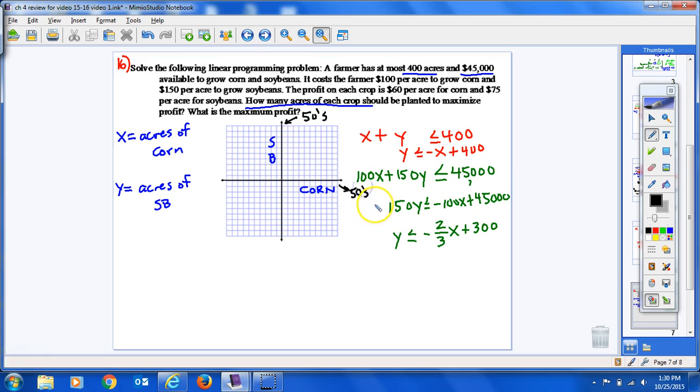It just makes coming up with the ordered pairs, the vertices, a lot easier. So both my x and y axes are in units of 50. Okay, let's graph the red boundary line, and then we'll think about the shading. Well, 400 is like going up 8 if these are in 50s: 1, 2, 3, 4, 5, 6, 7, 8 is there, and a slope of -1.